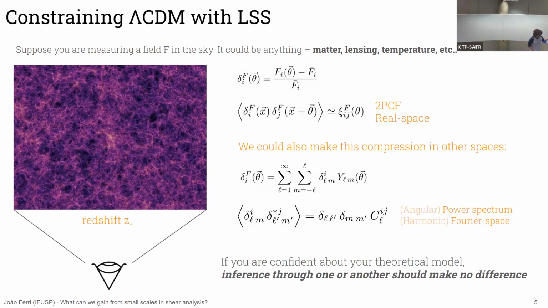And the crucial thing that I want to highlight here is that if you're confident about your theoretical model, then inferring cosmology through one compression or the other should make no difference. That's the crucial point that I'm going to return to later.